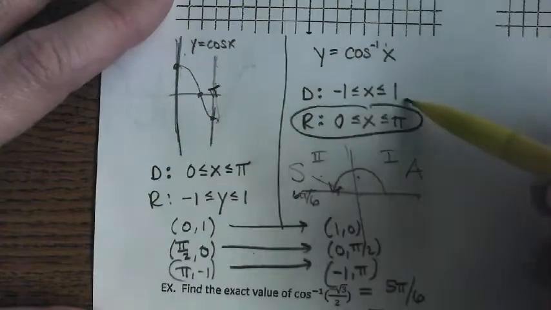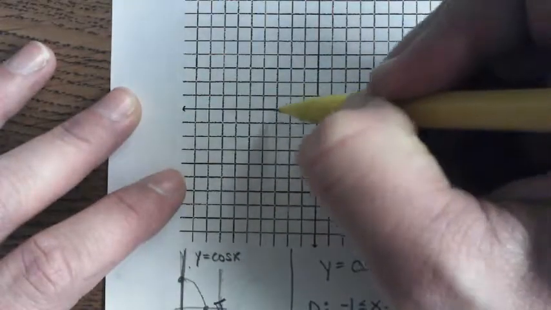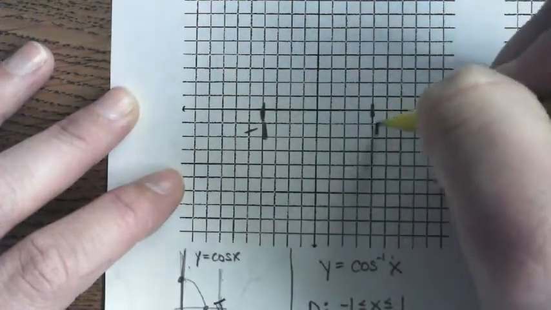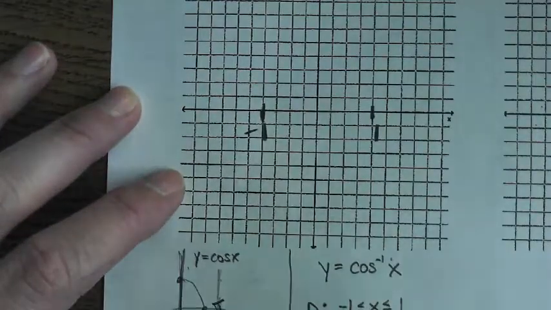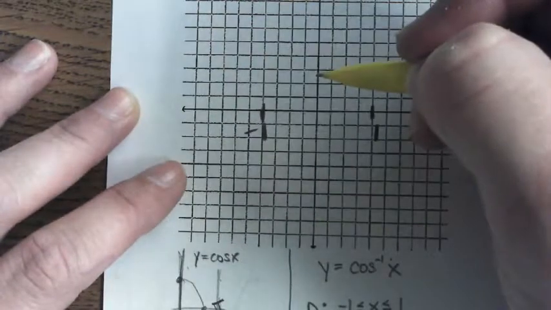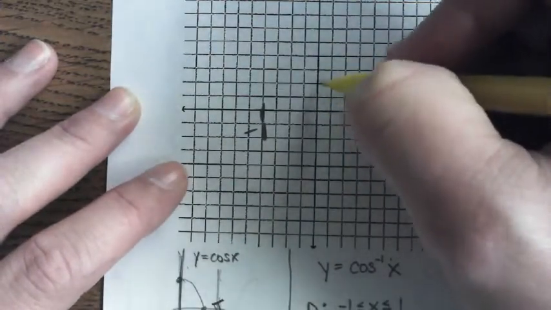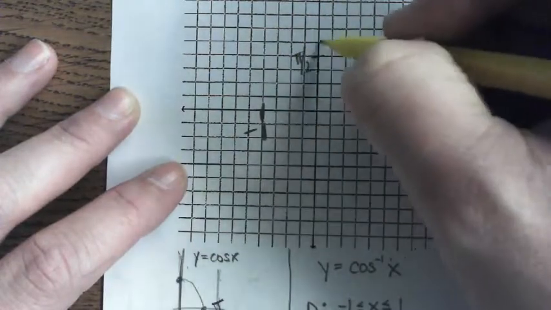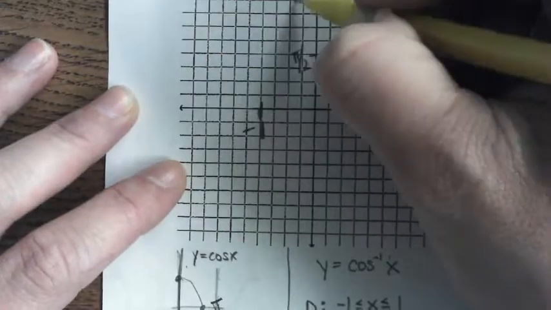Remember, our domain is going from negative 1 to 1, so we're going to label our x-axis negative 1 to 1, and our y-axis 0 to pi really is all we need. So I'll do pi over 2 here and pi here.